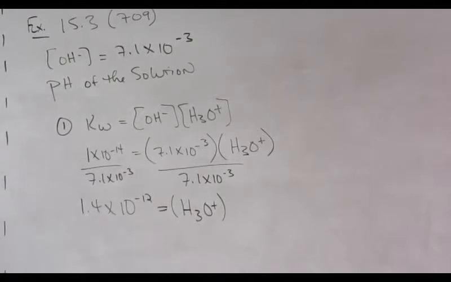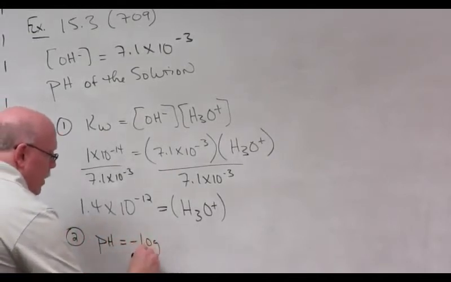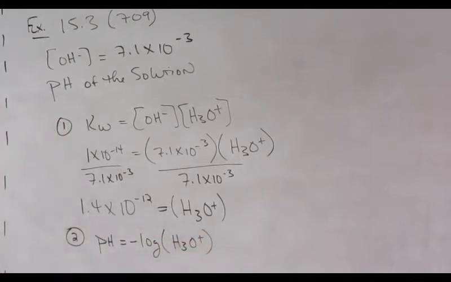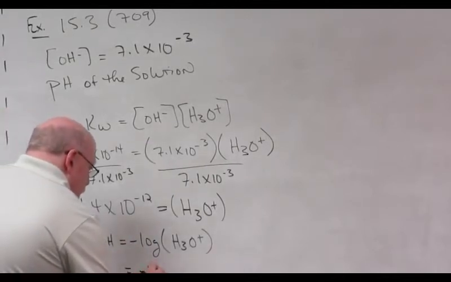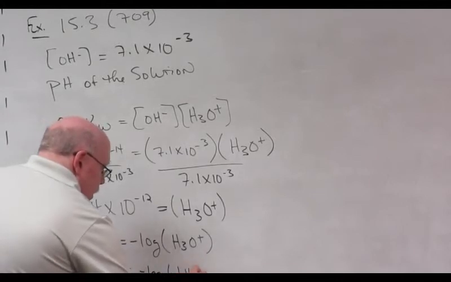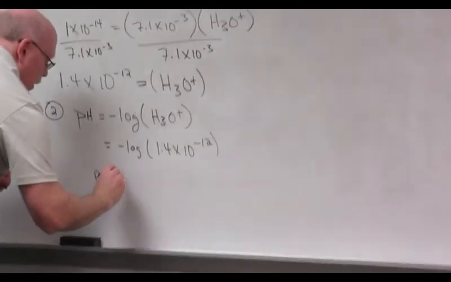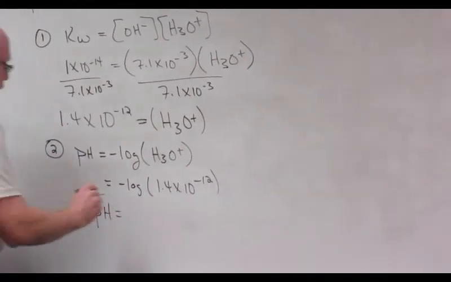Once I know that, second equation, pH is negative log H3O+. I can take that number I just found, plug it right in. The pH of that is 11.85.